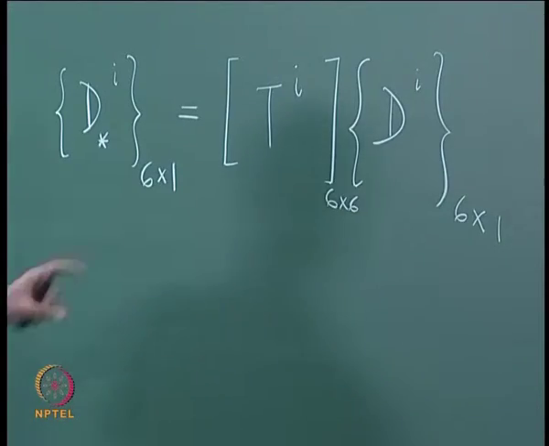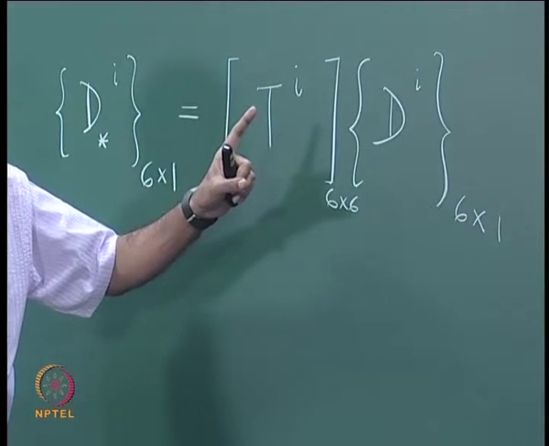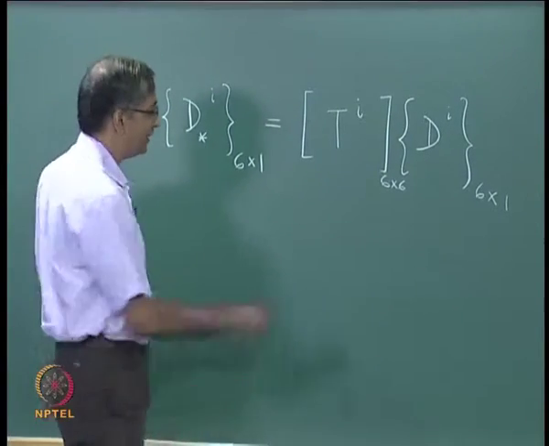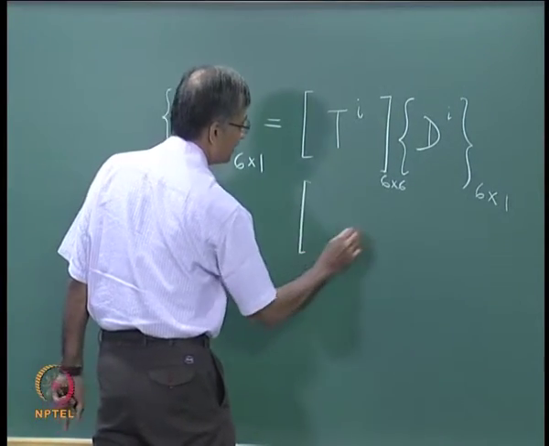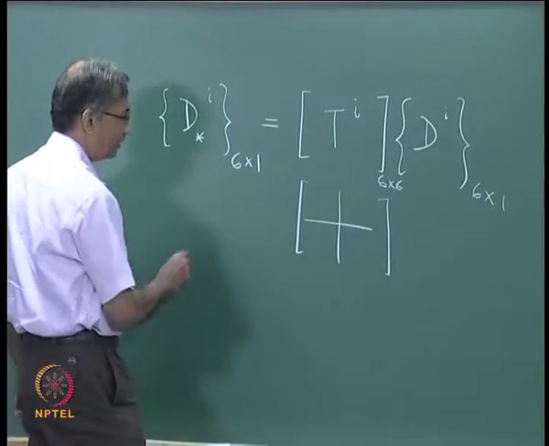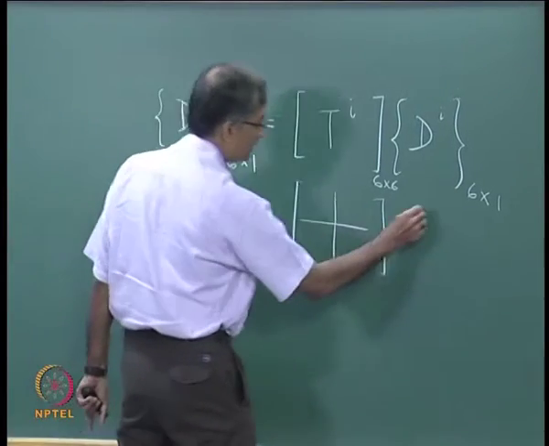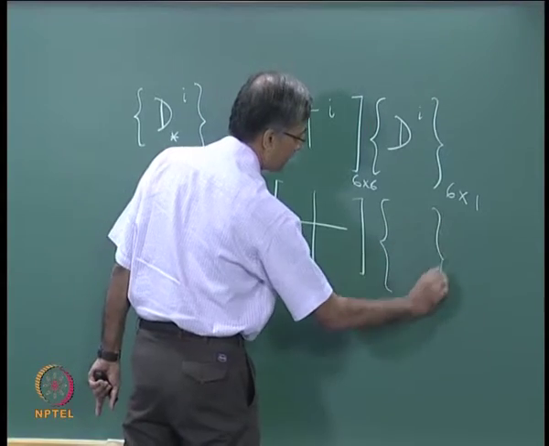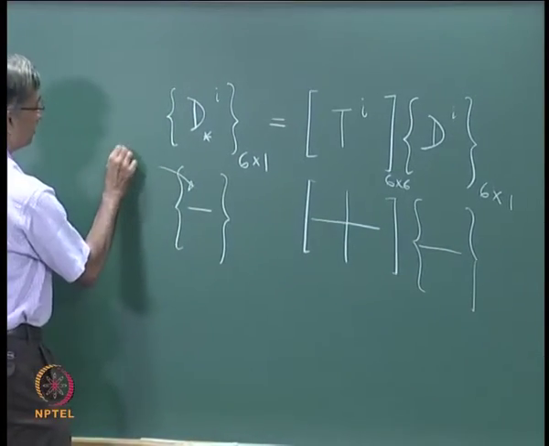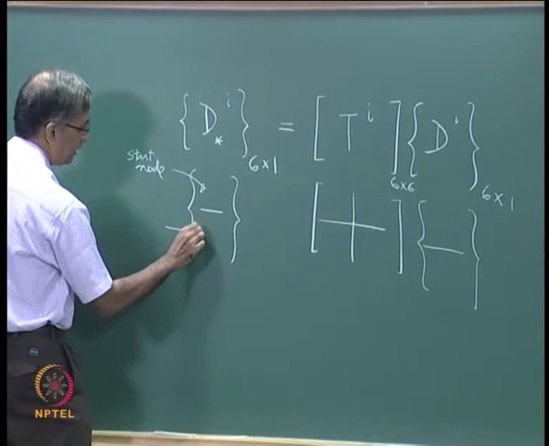But there is some nice property about this matrix. What's the nice property? This matrix will look like this, right? Even this you can partition, this you can partition. This belongs to the start node, this belongs to the end node.